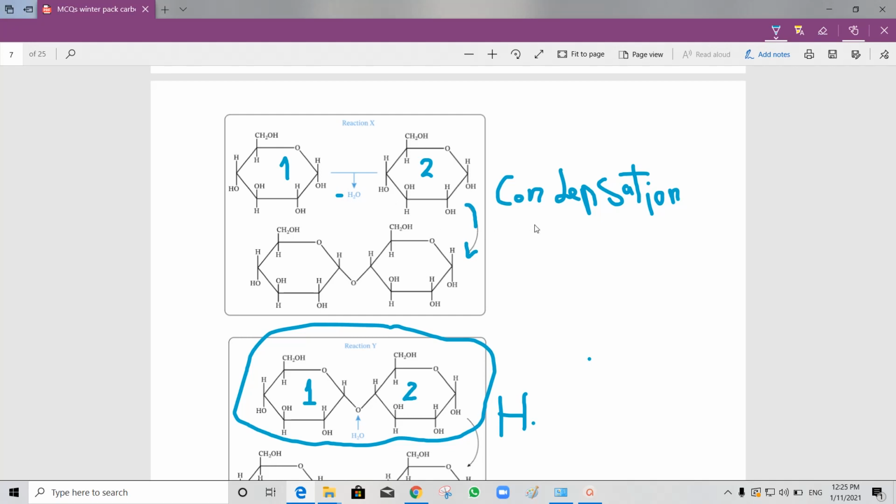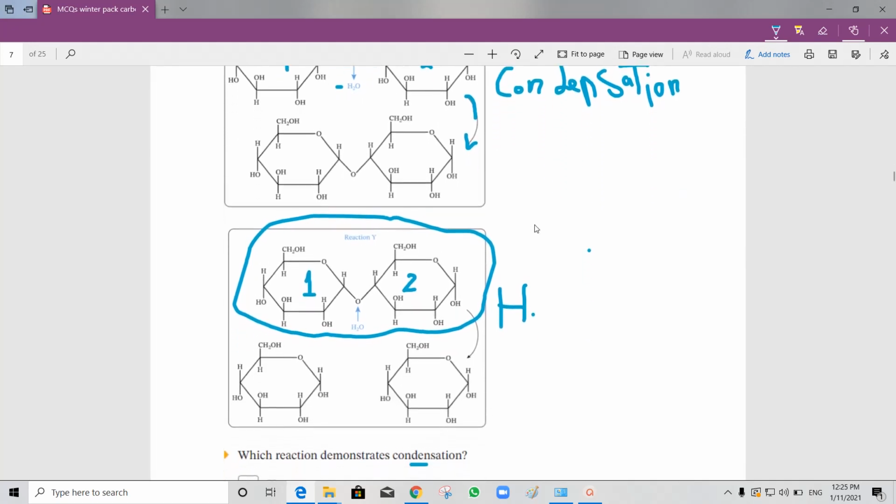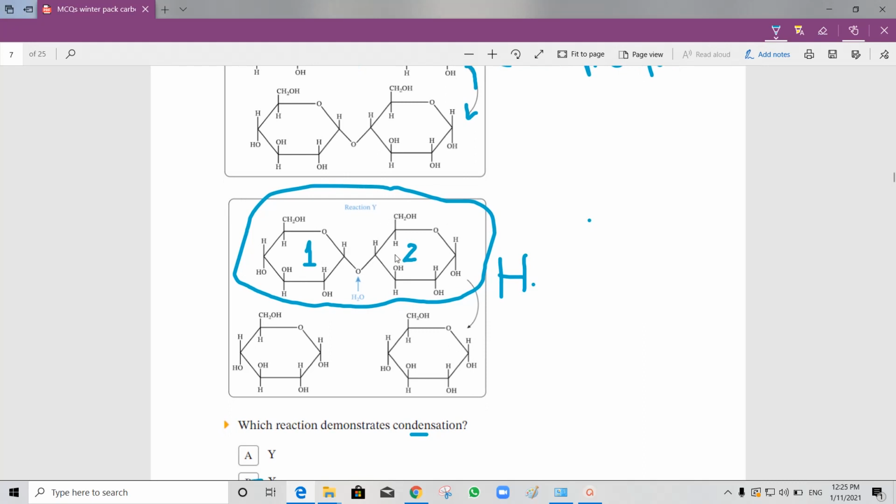On the other hand, those two molecules are connected together. When we add water, see, this arrow means that we add water. When we add water, we can notice that those two molecules that were connected together split from each other or separate from each other.